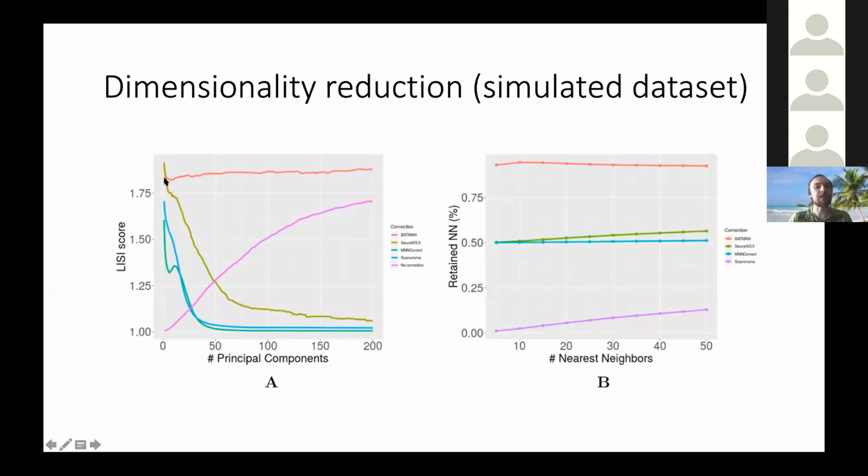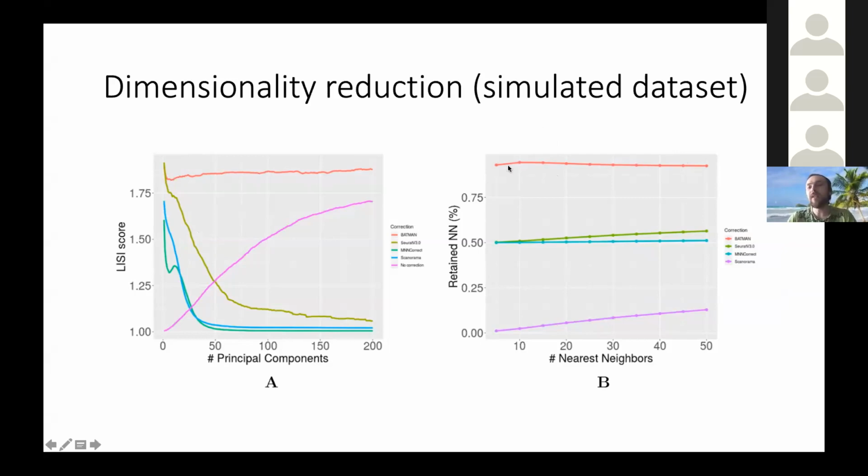When we consider more principal components, we see that the quality degrades, and Batman was the only method that didn't care about how many principal components we are taking in the integration.